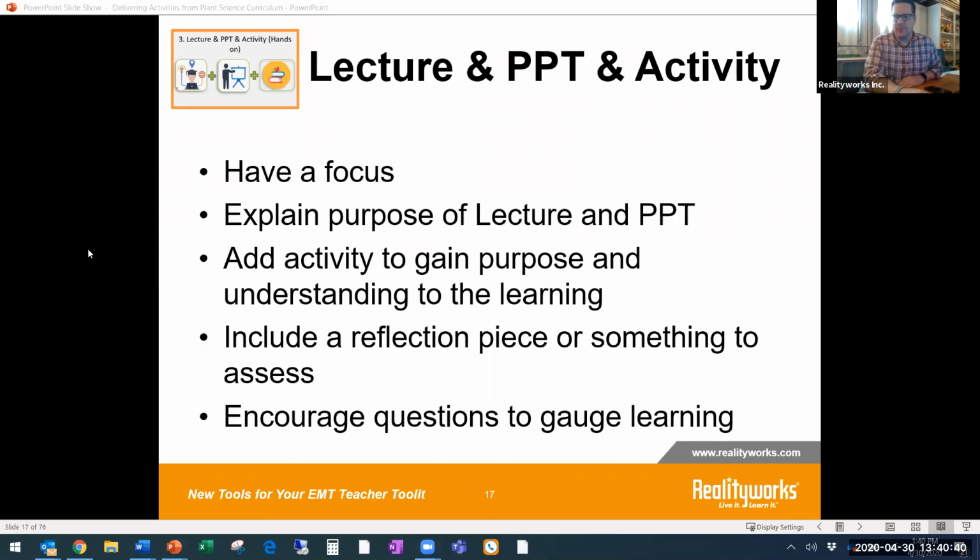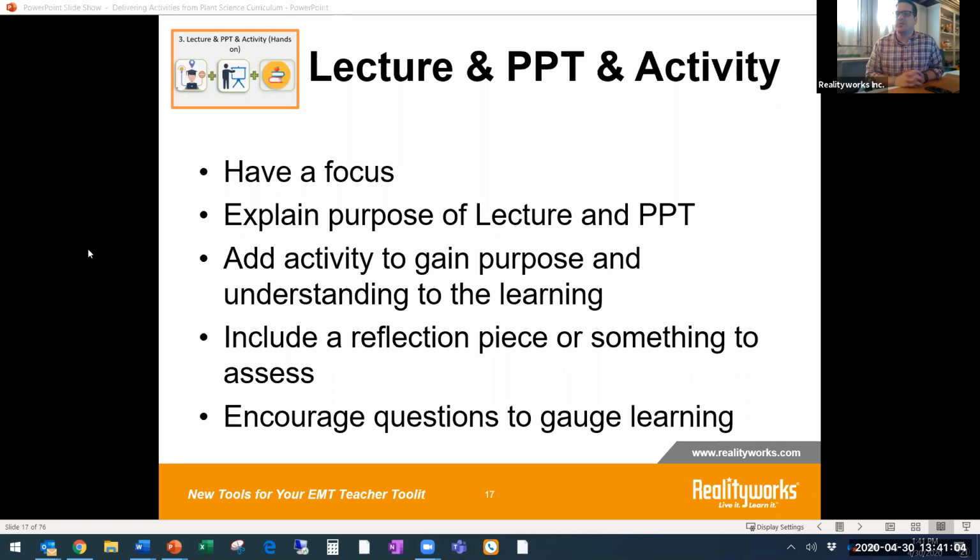Explain the purpose of the lecture and the PowerPoint, but then have an activity that reinforces and helps that. Now, the big thing with activity in today's day and age with remote learning is that sometimes you can't be there to give them that activity. So you have to start thinking of different ways they can use what they have in their own houses, in their own backyards, in their own abilities.